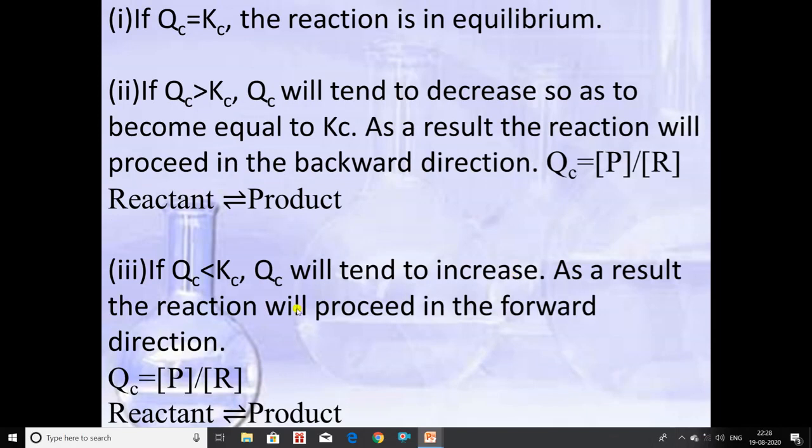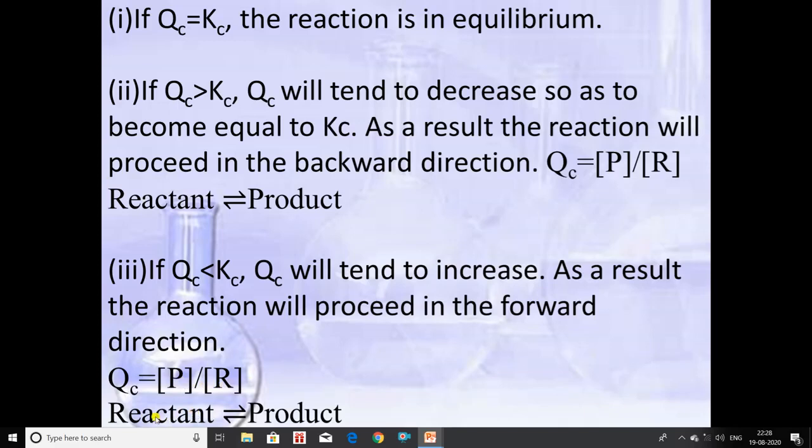In the third point, Qc is less than Kc. Now we have to make the value of Qc equal to Kc. Since Qc is less than Kc, we have to increase the value of Qc. How can we increase it? The formula of Qc is concentration of product divided by concentration of reactant. We can increase Qc if the concentration of product is more and the concentration of reactant is less.